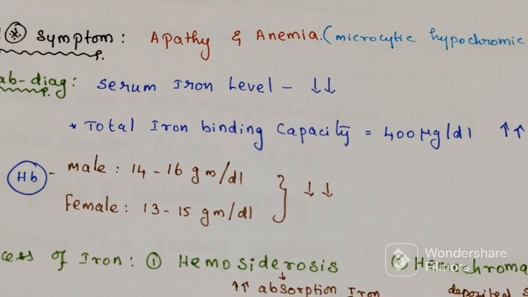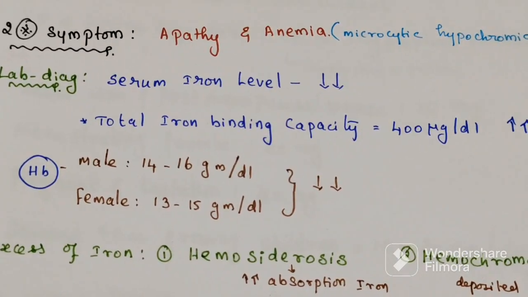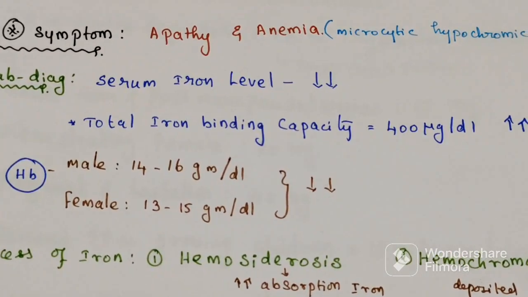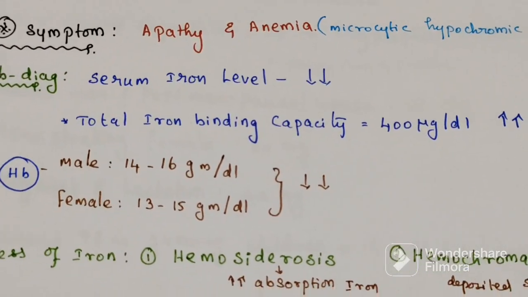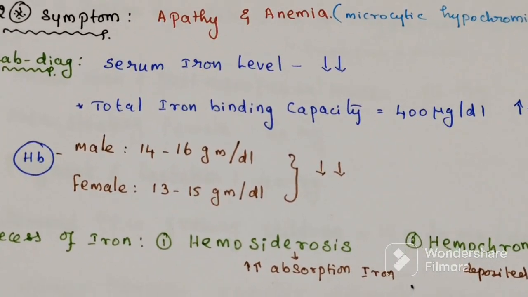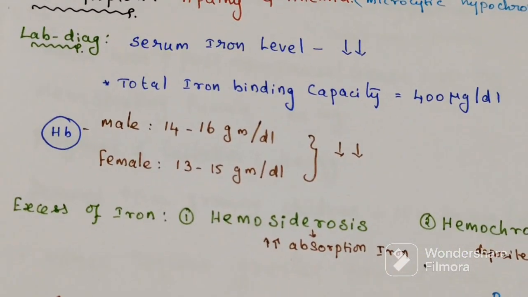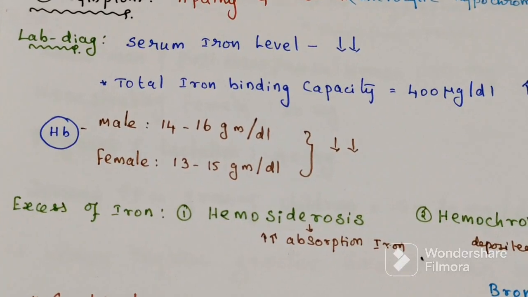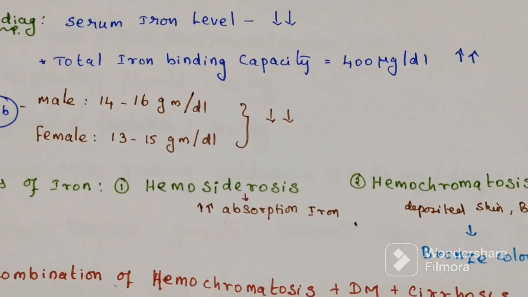Hemoglobin: male 14 to 16 gram per deciliter, female 13 to 15 gram per deciliter. So the Hb level also decreases in this condition.